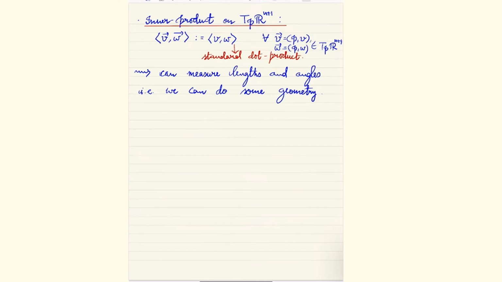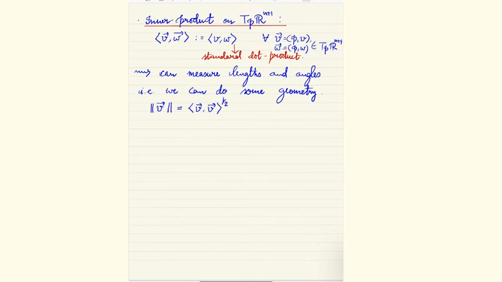So what is the norm of a vector v? We think of this as the length of the vector. This is simply the square root of the inner product between v and v.